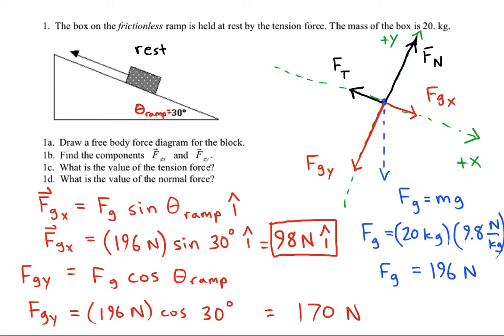Now, if we want to turn this into a vector, we do have to look at the picture and decide whether we should put a negative on it or not. So, Fgy as a vector here would not actually be 170 newtons j hat, because that would be in the off-ramp direction. It would be in the positive y direction. So we have to be able to look at the picture and know that we need to assign a negative to this, because our Fgy points into the ramp surface in the negative y direction.